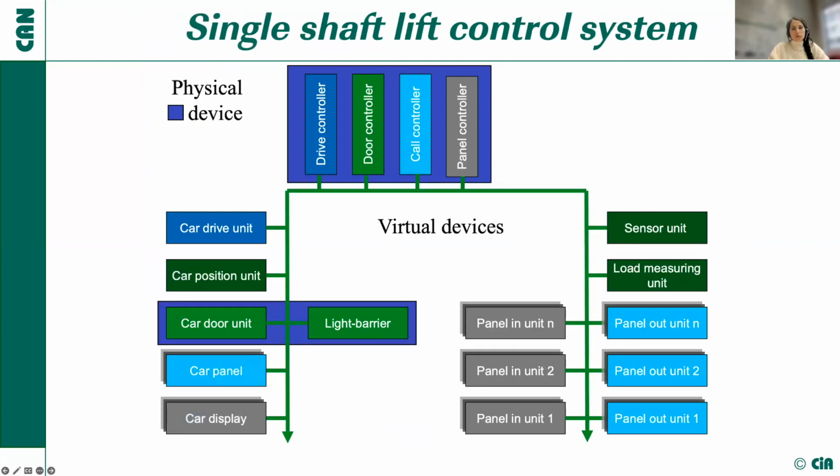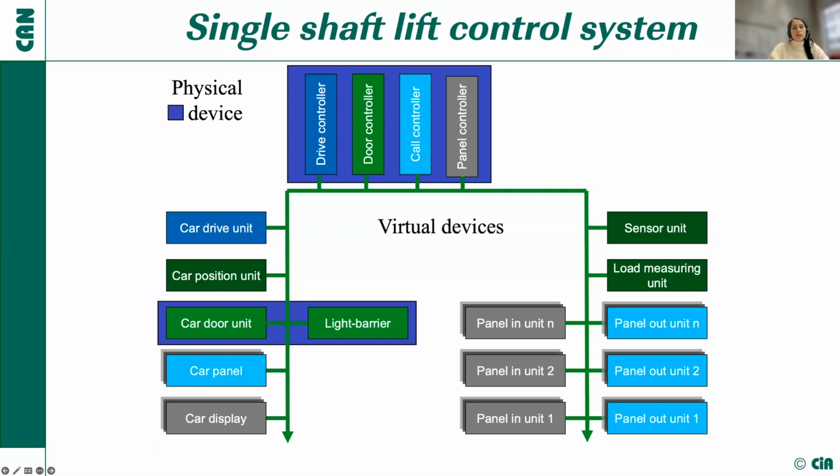To go more in detail about this, it is a diagram of the single shaft lift control system, and application profiles are based on the descriptions of a set of virtual devices and interfaces and/or functional units.